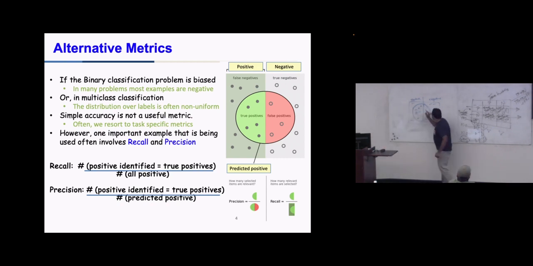Because the model is saying this is positive, but actually it's negative. So this is false positive. What are false negatives? Which ones? So this and this, right? These are false negatives. So you can clearly see what it says basically.